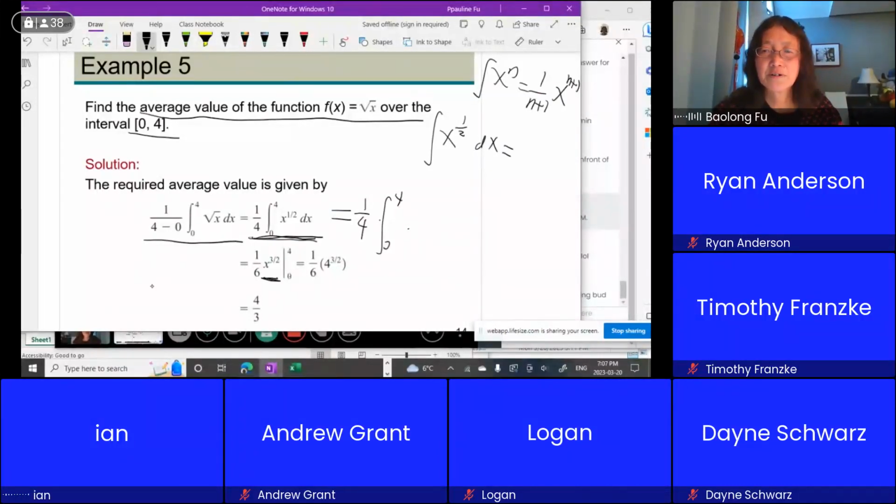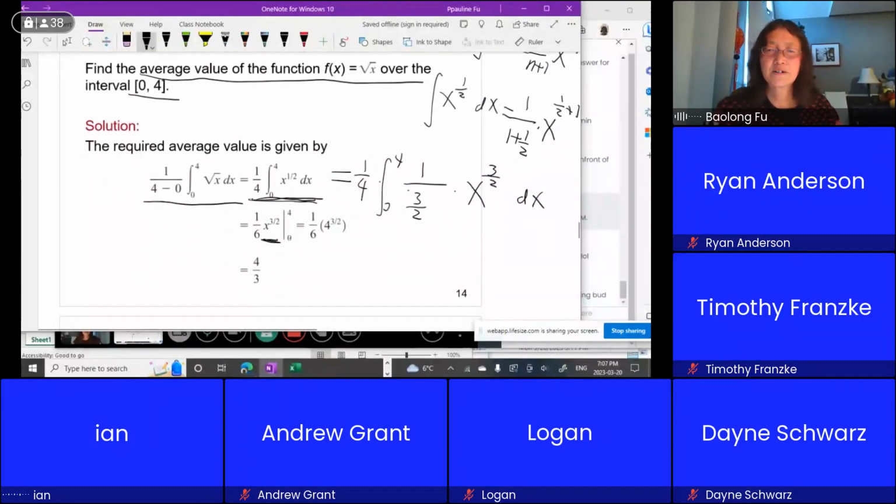So this one equals 1/(1+1/2) x^(1+1/2), so 1/(3/2) x^(3/2).